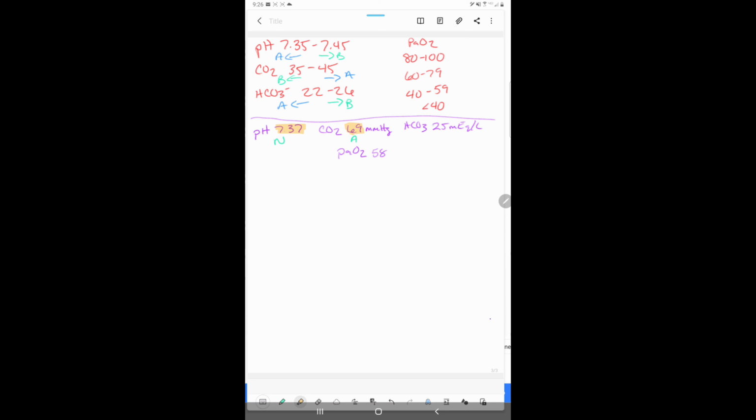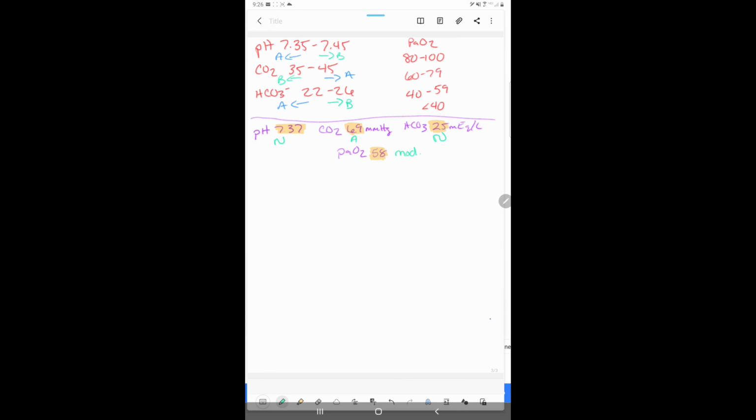Now we're going to look at your bicarb number, 25. That's within a normal range. Okay, and then oxygenation is at a 58. That will put it at a moderate range.